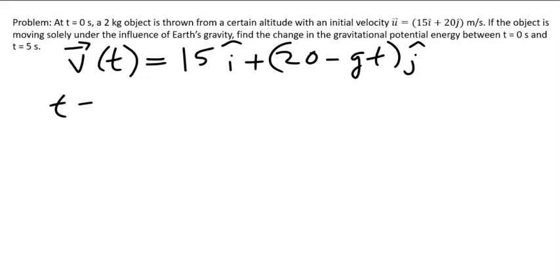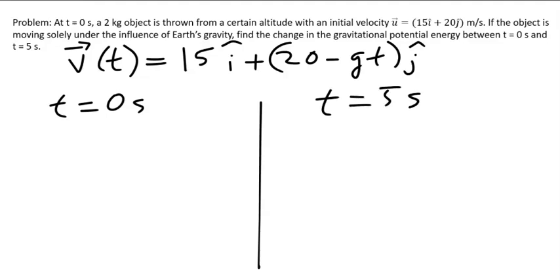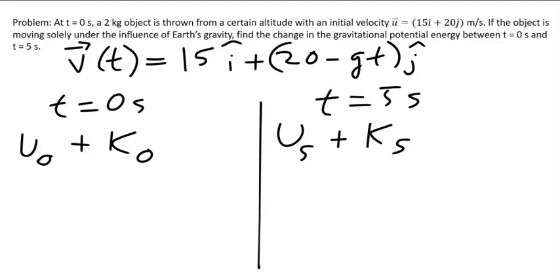So let's compare the energies at these two different times. At t equals 0, its potential energy is U0, kinetic energy is K0. And at t equals 5, the gravitational potential energy is U5, and kinetic energy is K5.